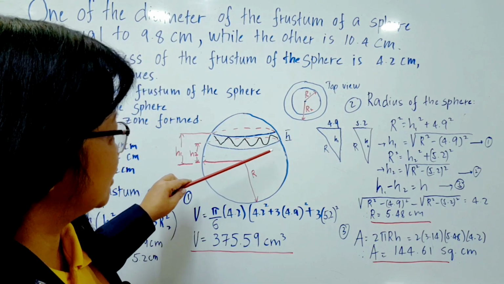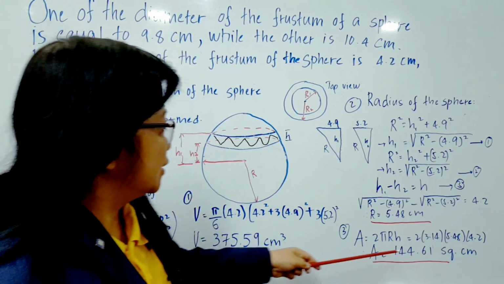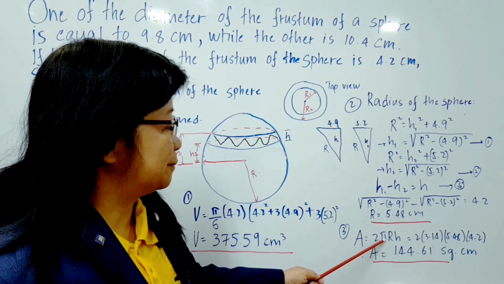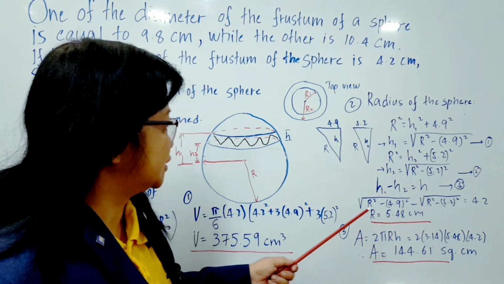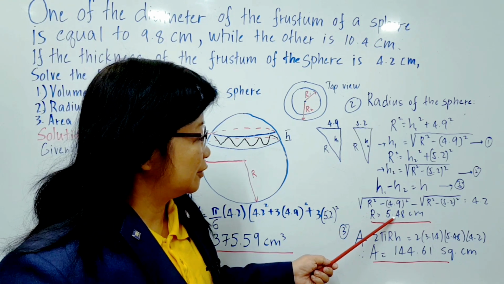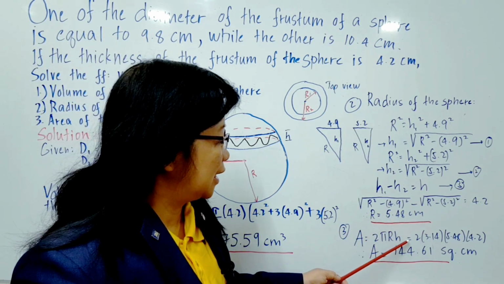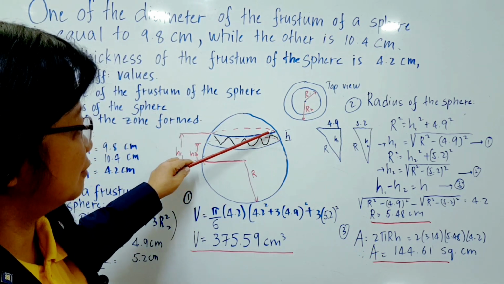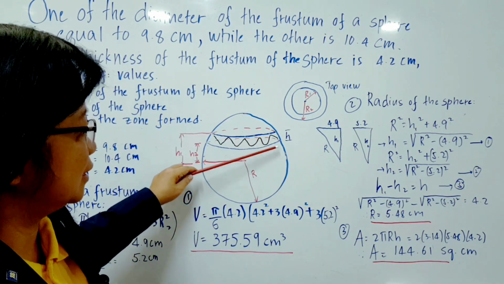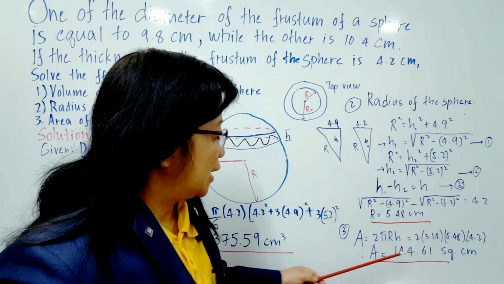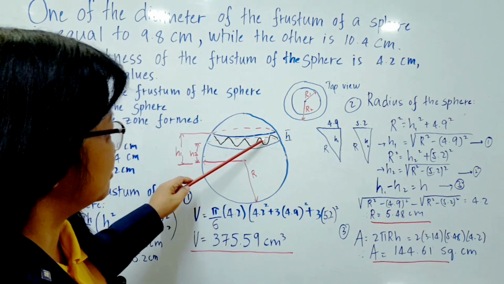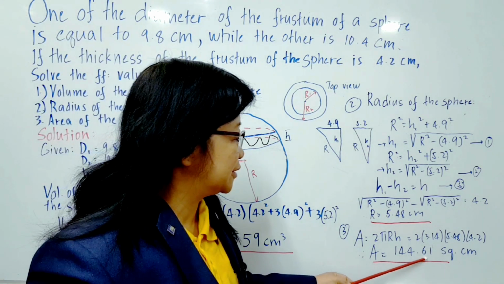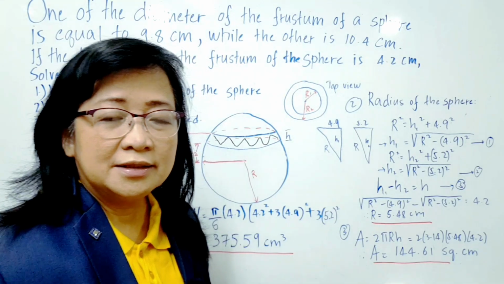So, 2 times pi, which is 3.14, times r, which we just solved as 5.48, multiplied by the height, the thickness of the frustum of the sphere. The area of the frustum of the sphere is therefore equal to 144.61 square centimeters.